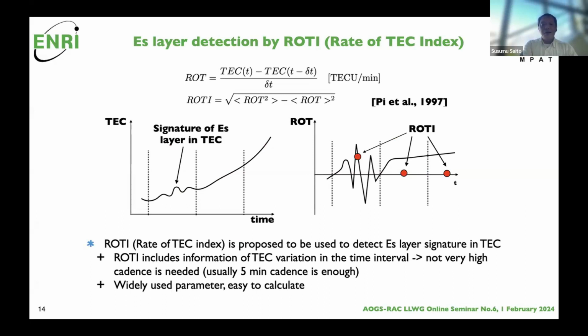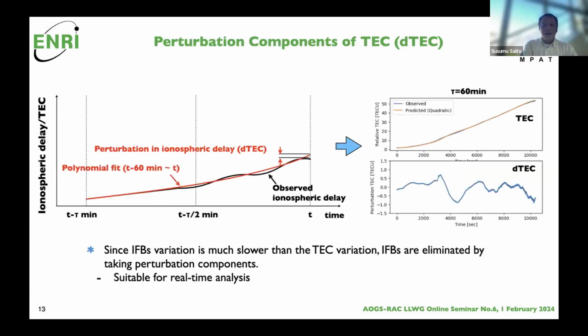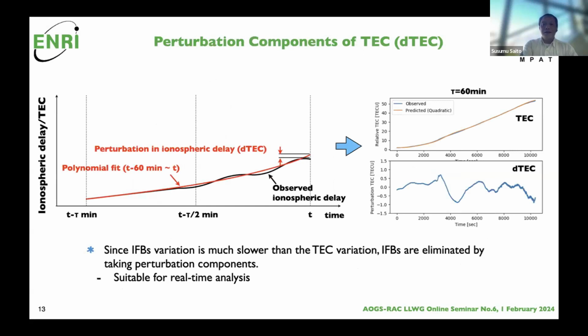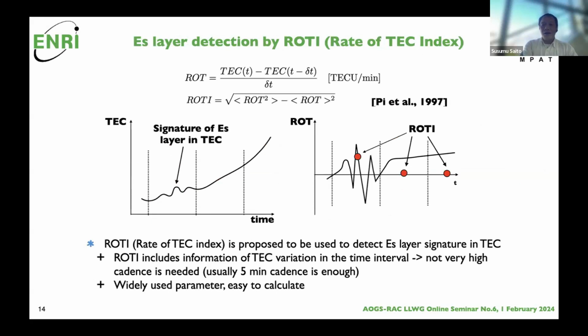Typically, a 5-minute interval is used. So DTEC and ROTI complement each other, because delta TEC is more suitable for a rather longer time constant, and ROTI is suitable for short time scale transient events.